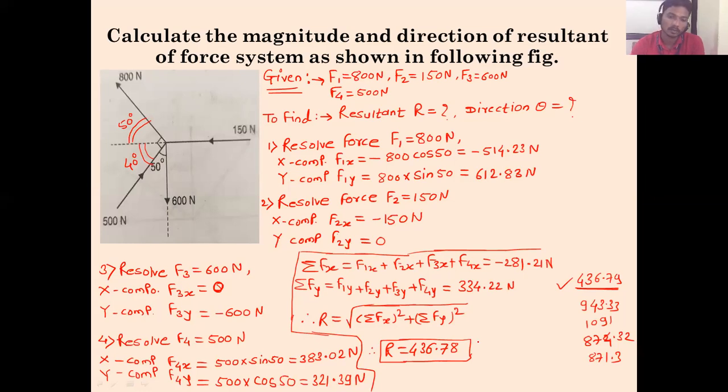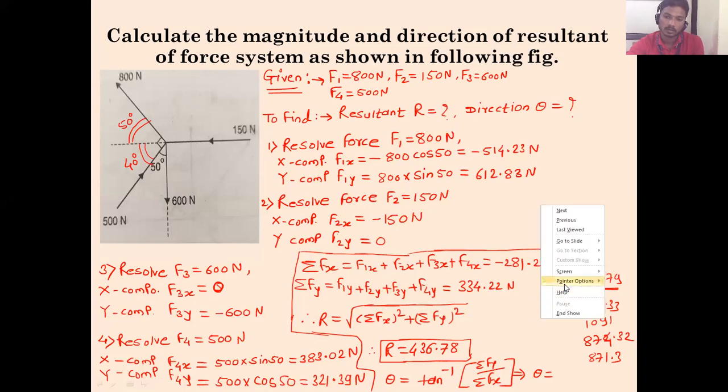How we can find theta now? What is the formula for theta? Summation of y upon summation of x. Which will give theta is equal to how much? Minus 49.92.